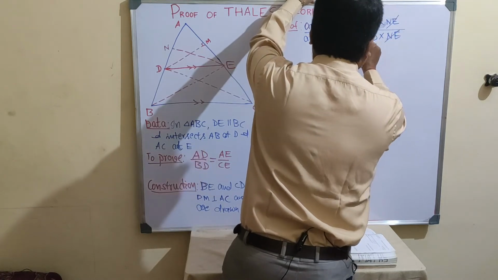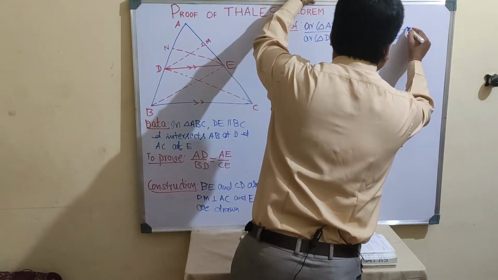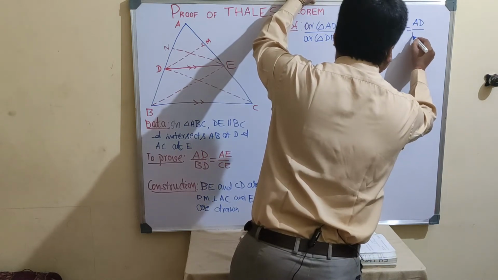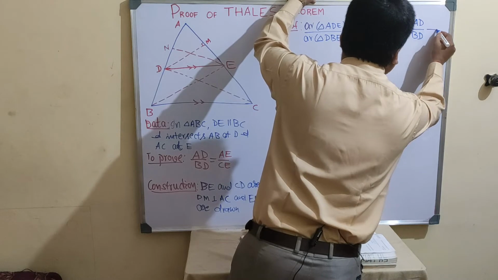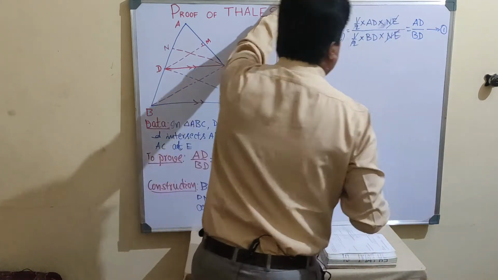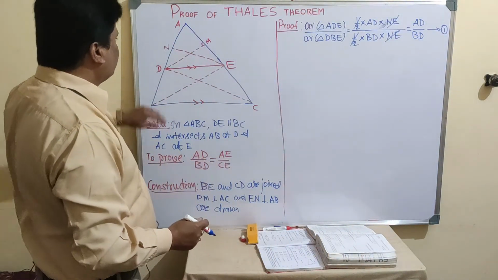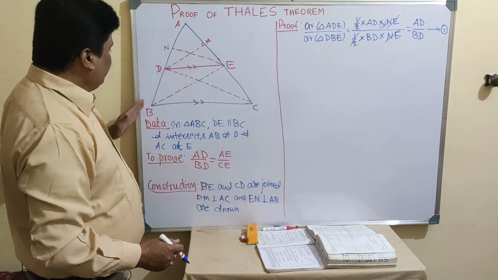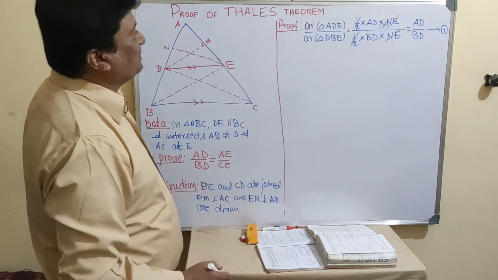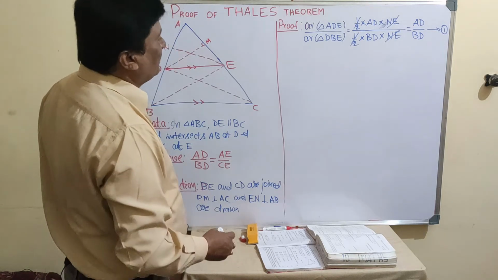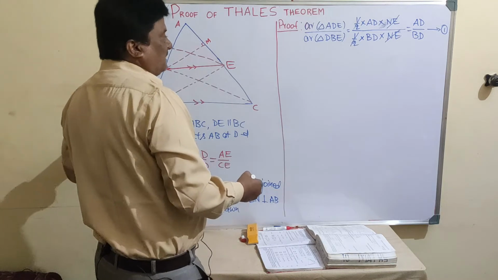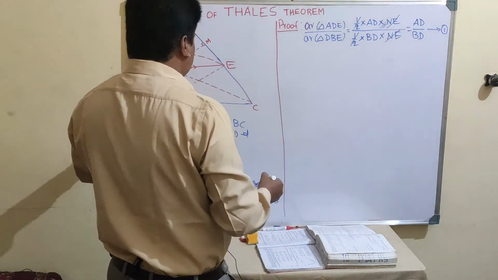Half gets cancelled, NE gets cancelled, and there remains AD by BD. Let's call it equation 1.